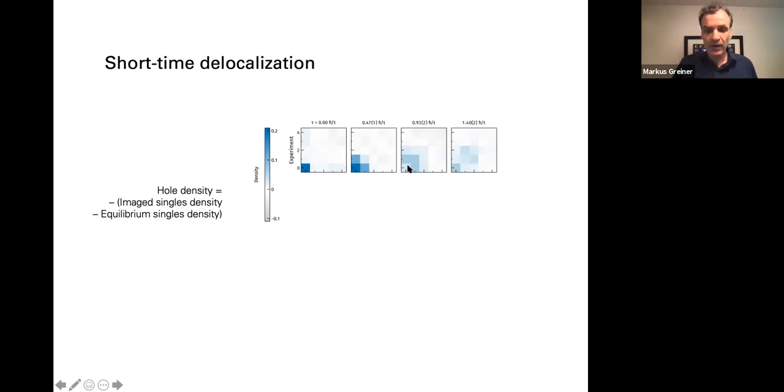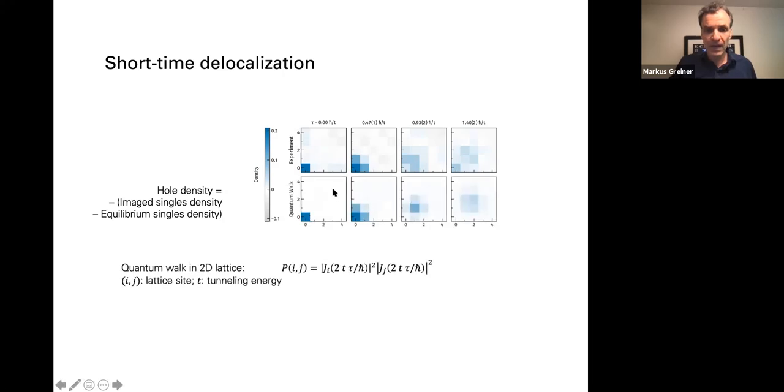How does it look compared to a quantum walk? So for short time evolution, we find pretty much the same evolution, like for half a tunneling time. But after that, we see a strong deviation from what you would expect from just the tunneling of a single particle.